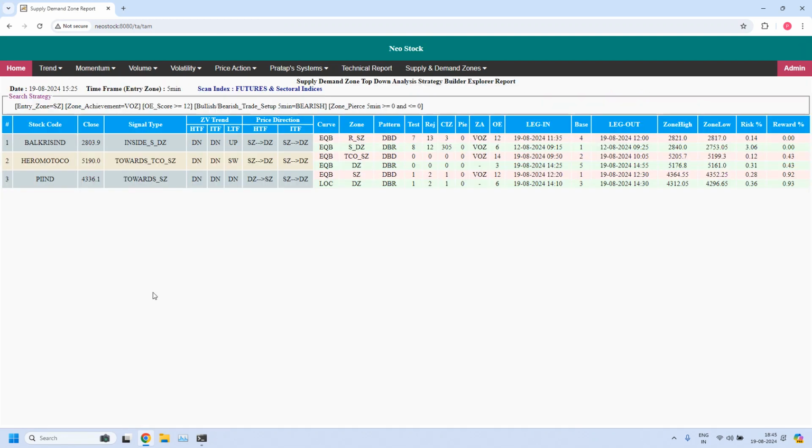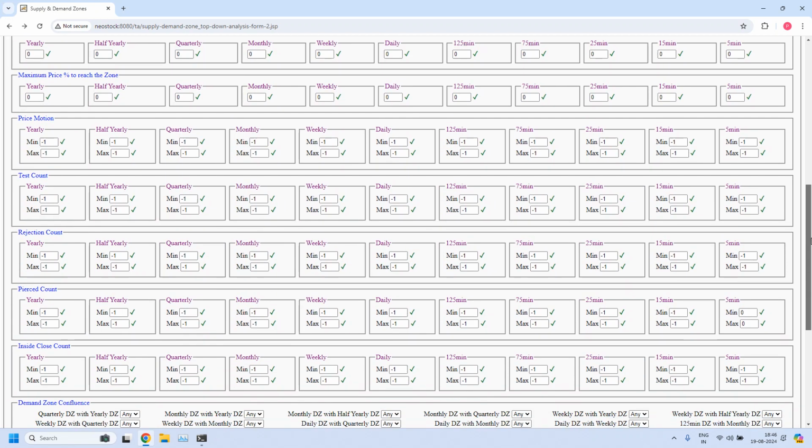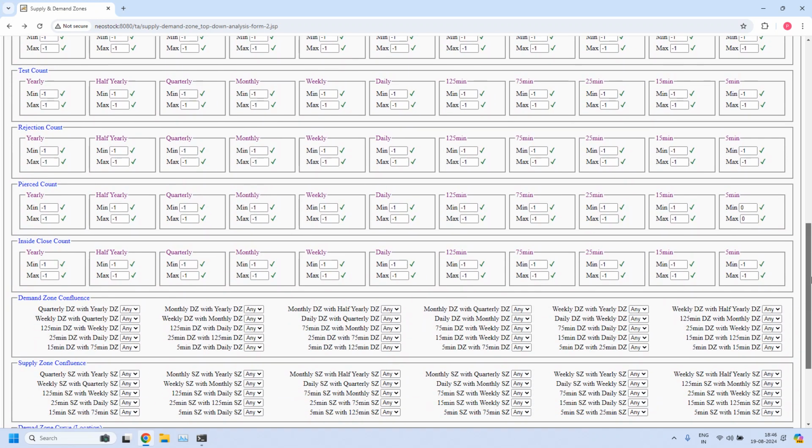All the 3 filters are applied to 5 minute supply zone. Filtering the stocks, 3 stocks are filtered. These 3 stocks are supporting bearish trade setup for hourly income trade. Now let's verify how many of these stocks are having a confluence with ITF time frame, that is 5 minutes and 15 minutes supply zone confluence.